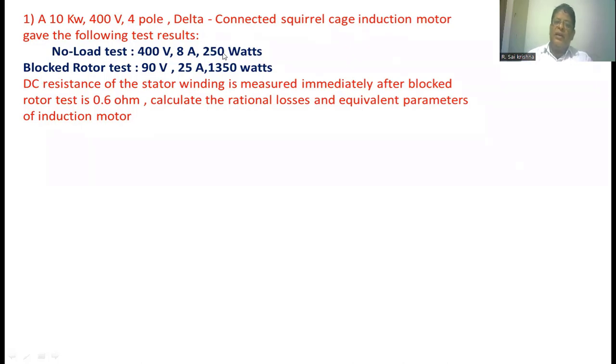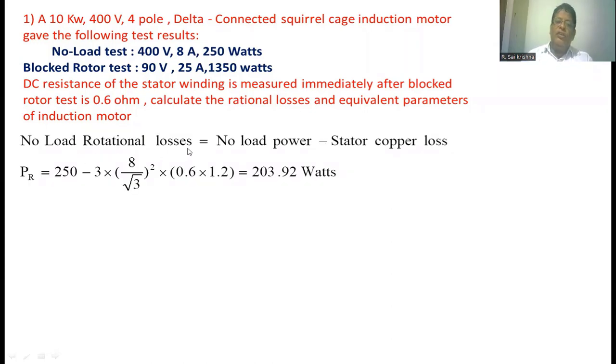If you subtract the stator copper loss from this value, it gives the rotational loss. So the no load power of 250 watts meets the stator copper loss and the rotational loss. So no load rotational loss is equal to no load power minus stator copper loss.